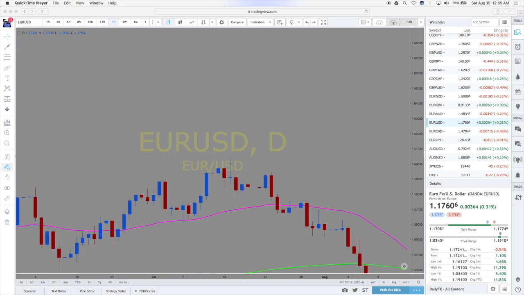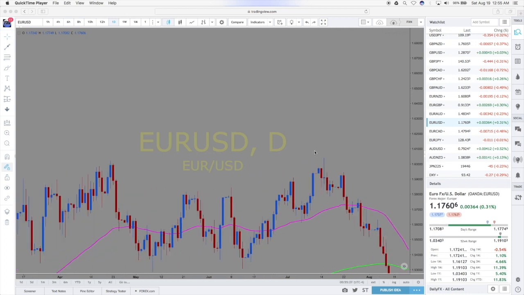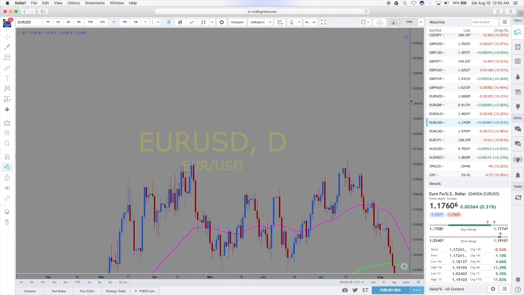Indecision candles basically display that there is no clear winner from the candle open to the candle close. So let's take a look at some specific examples of indecision candles.